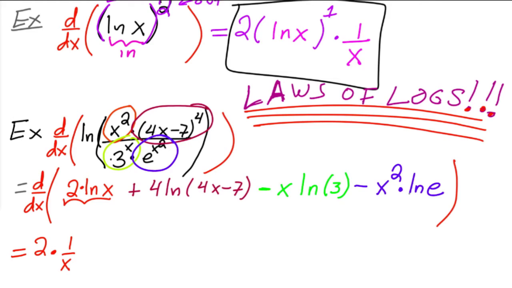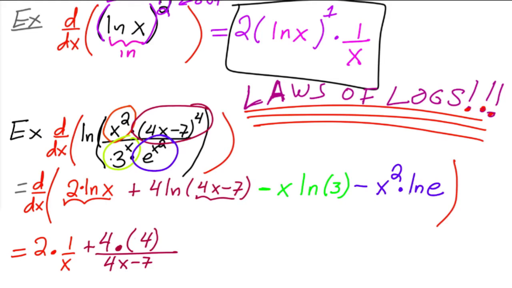Then plus 4 times, here I'm going to have to use the chain rule, but the derivative of natural log of stuff is 1 over the stuff, 4x minus 7, times the derivative of the inside, which is simply the number 4.